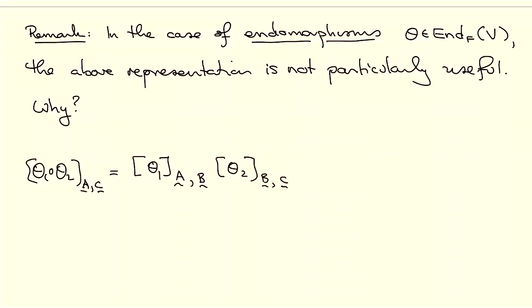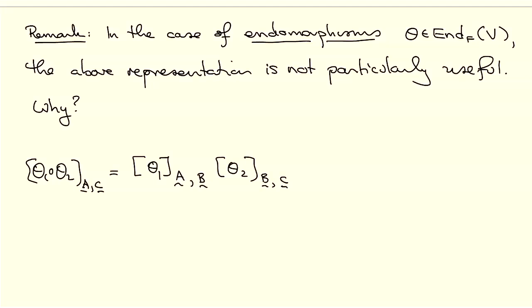We proved this formula. The way the matrix multiplication works, the bases have to align like this. But if we want to use the same matrix representation for theta 1 and theta 2, with the same bases, then we need these bases to be the same. So A, B, and C are all going to have to be the same thing. That's a much more severe restriction.